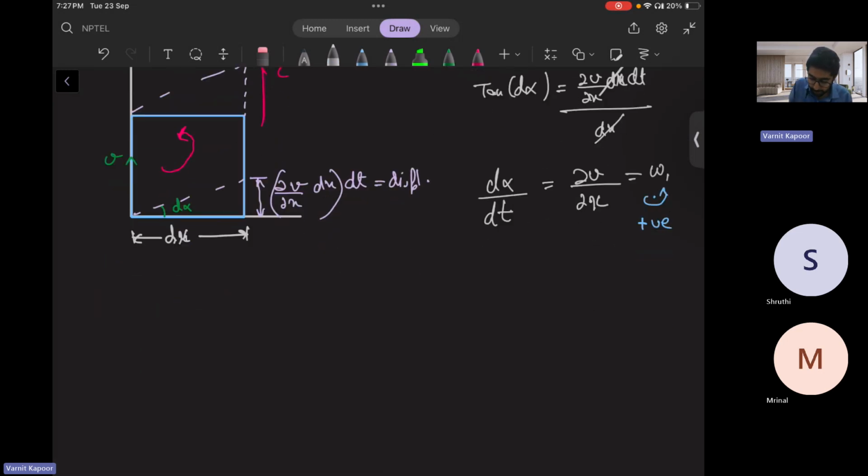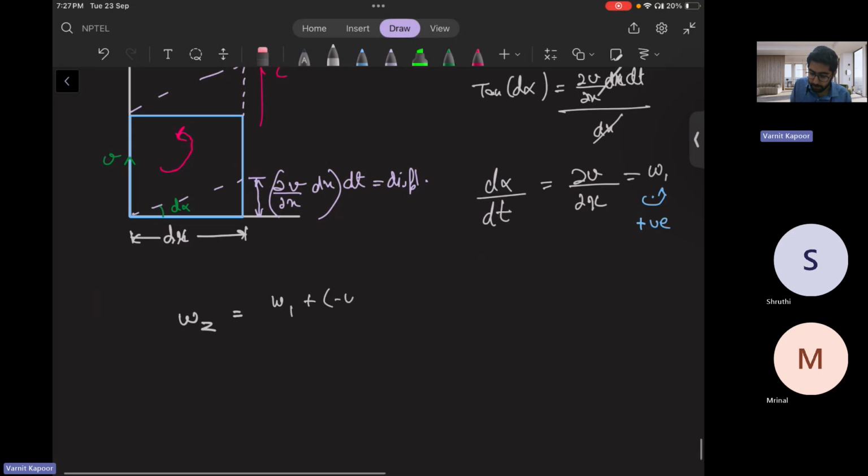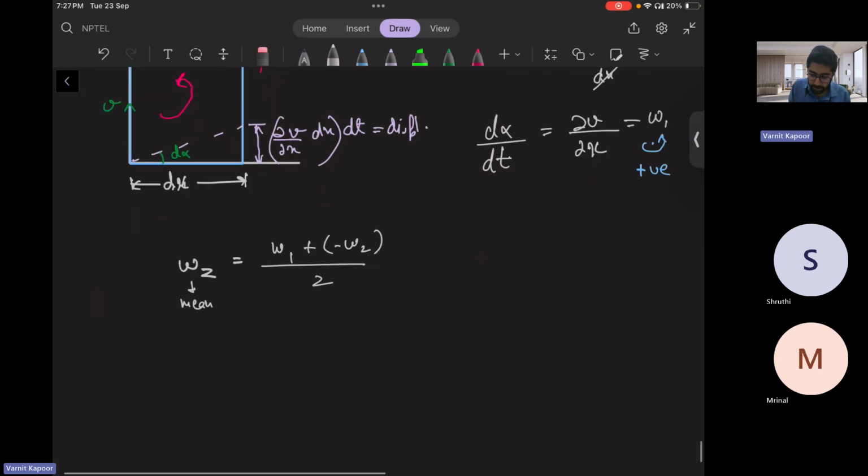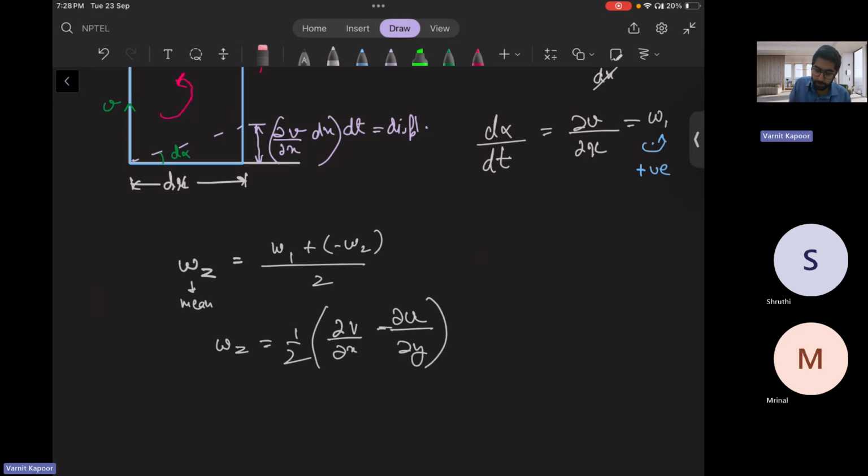Omega z, as I said, from the log e, is nothing but omega 1 plus or minus omega 2 by 2. This is your mean. So it is written as 1 by 2, omega 1 is dou u by dou x and dou u by dou y.